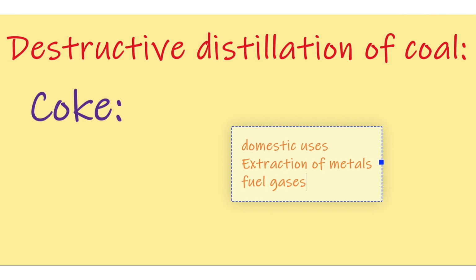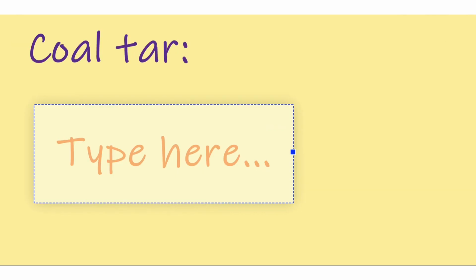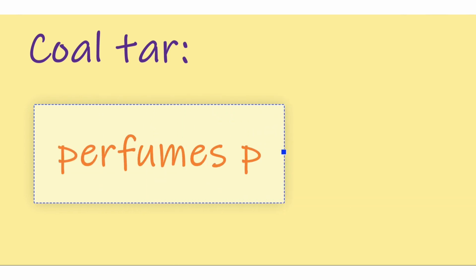Now let's see about coal tar. Coal tar is generally a black colored viscous liquid. It is generally used in making perfumes, paints, drugs, synthetic dyes, explosives, photographic materials, and many more.